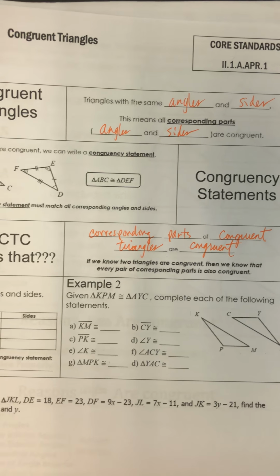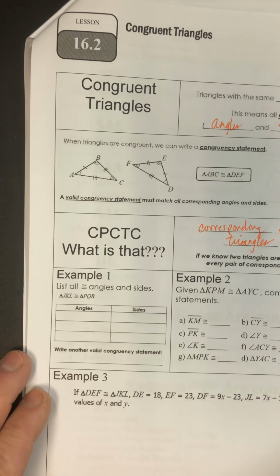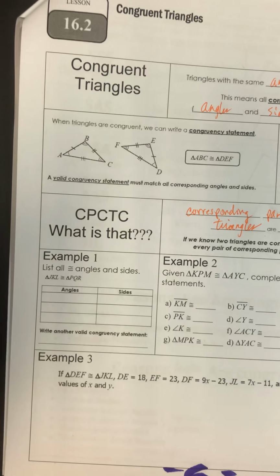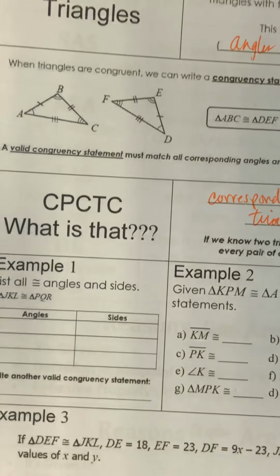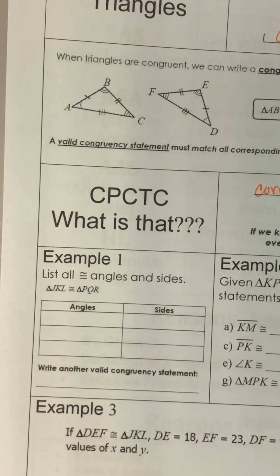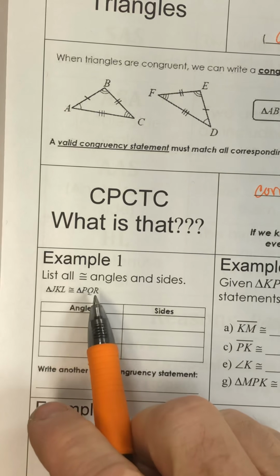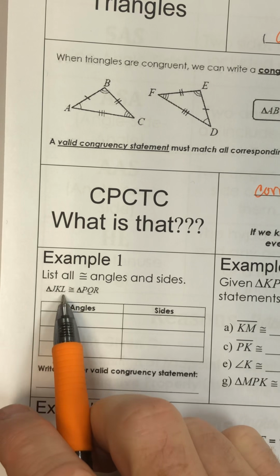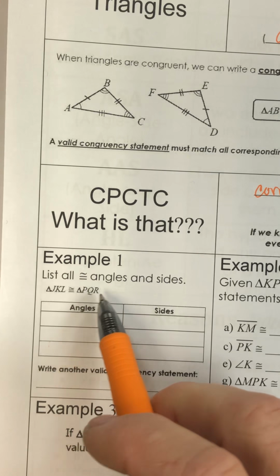All right, let's go to an example. Example 1. It says list all the congruent angles and sides. The triangles are JKL and PQR.